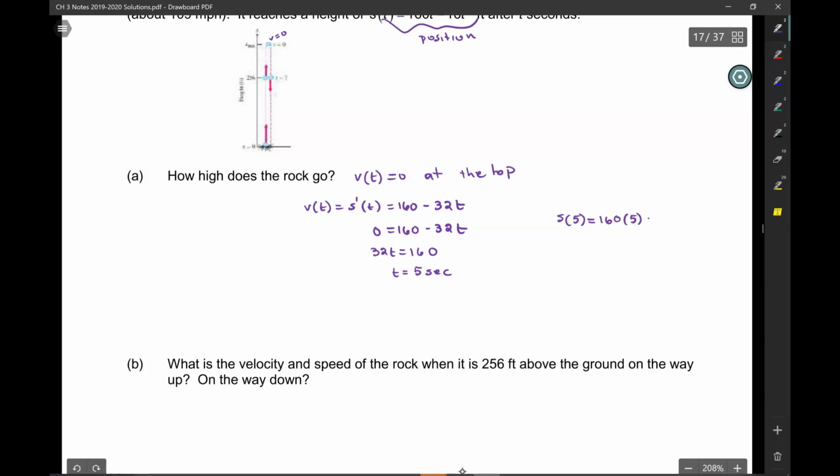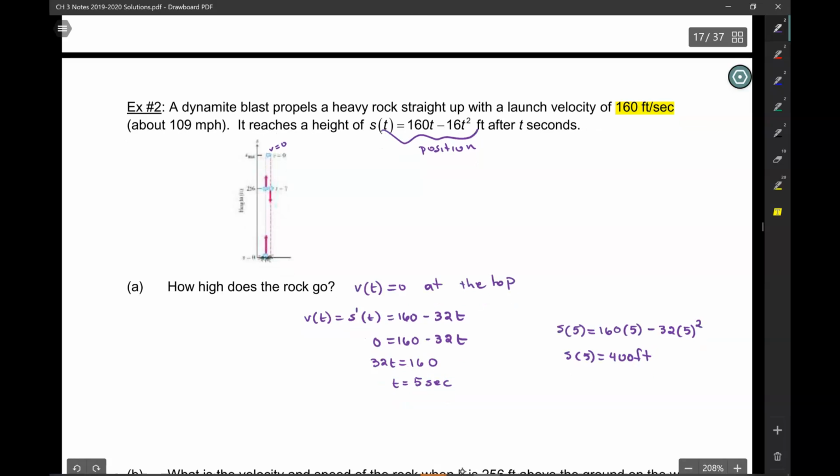That's 400 feet. S of t. So would it be 16 times 5 squared? Oh, 16, sorry. You still get 400. So here the velocity is 0, and we just found out that the maximum height is 400 feet.